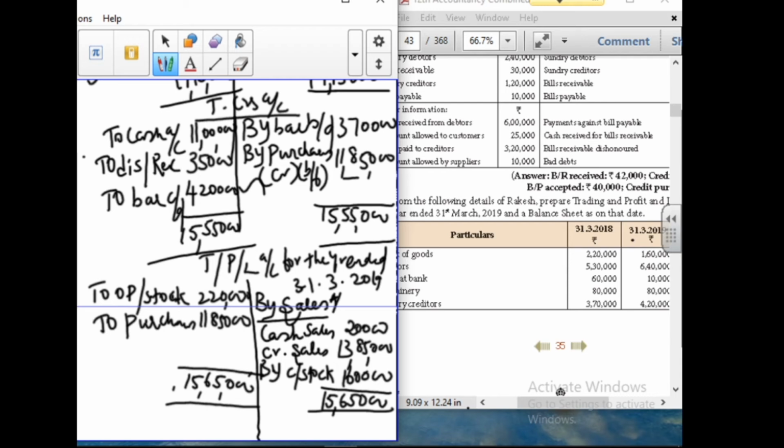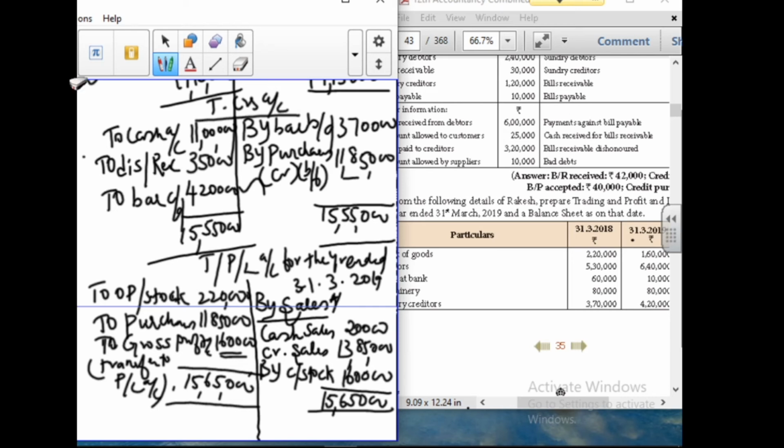So your remaining balance will definitely be the gross profit, 1,60,000. You know how to write this? In brackets, we will write it as transfer to profit and loss account. This is the available information.